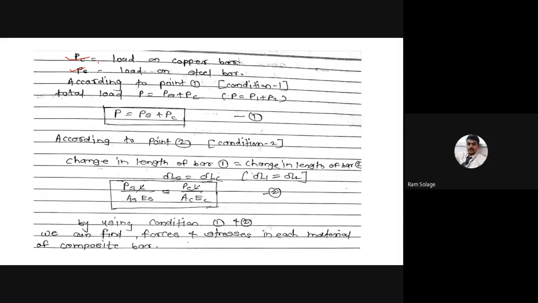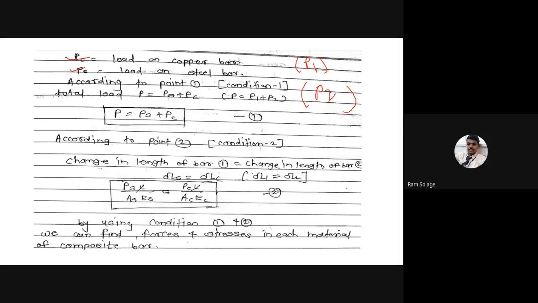According to that material, we can change the notation. CI for cast iron, AL for aluminum. In this problem, or the first problem, they are giving steel and copper metal. So we have taken PS and PC. Sometimes we can also write P1, P2, no problem. Already up to type number 4, we can take P1 and P2. Same meaning, there is no problem for P1 and P2.